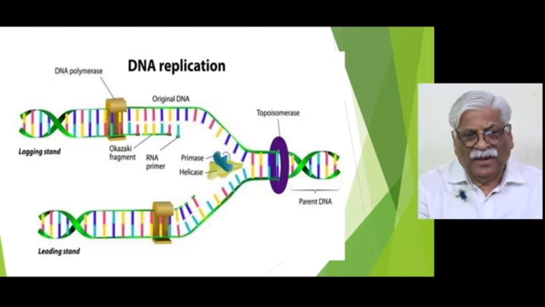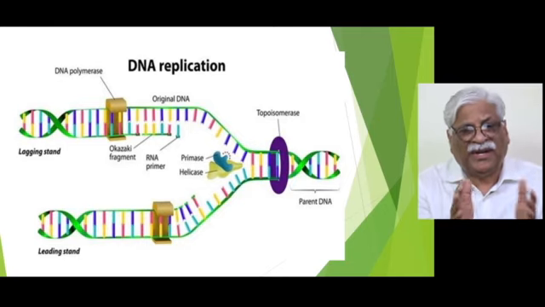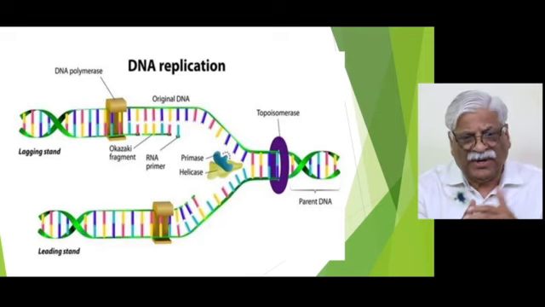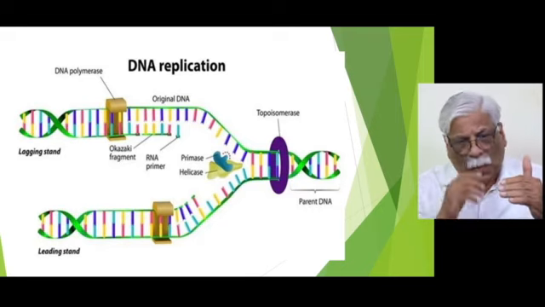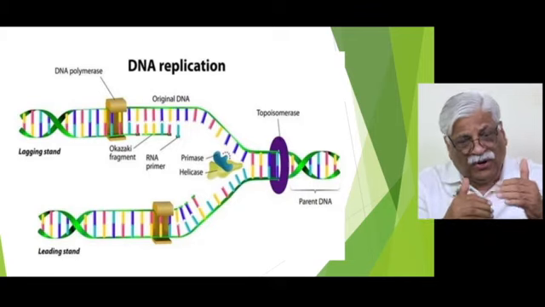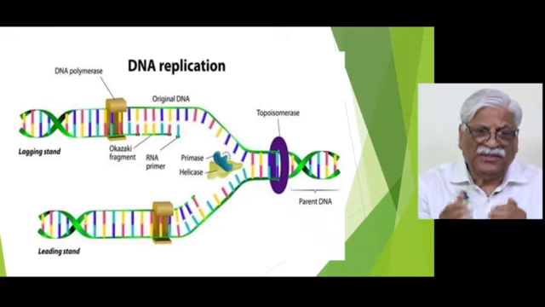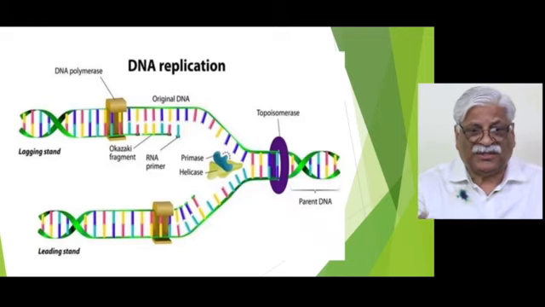How? We are not going into details, but basically the two strands get separated in a certain area with the help of certain enzymes. Once they are separated, the synthesis can occur on one of these two strands, but sometimes simultaneous synthesis on both the structures is also observed.